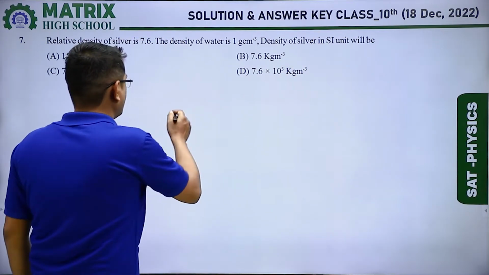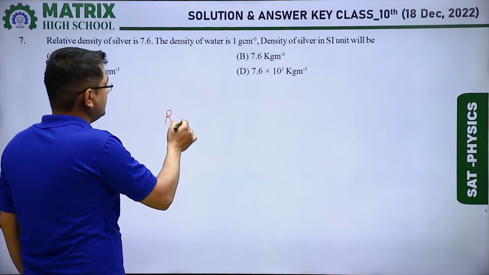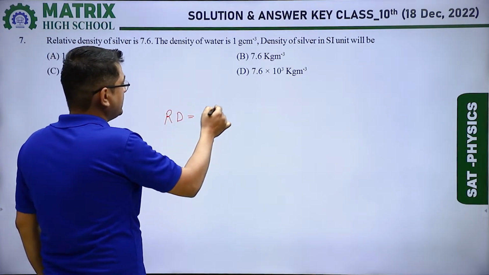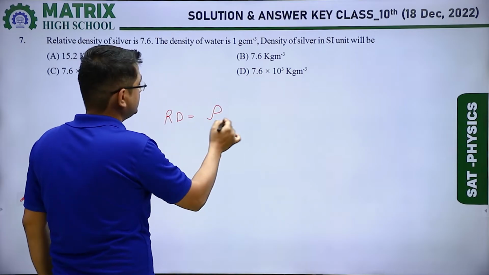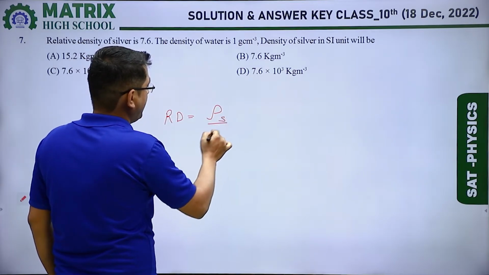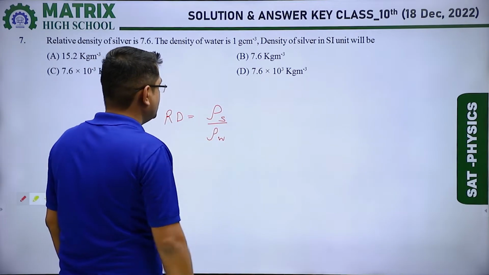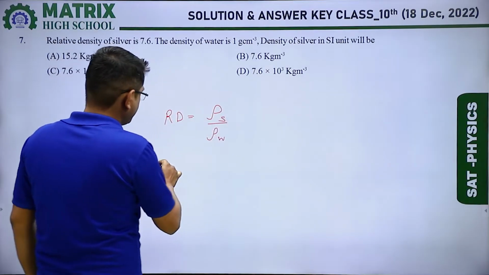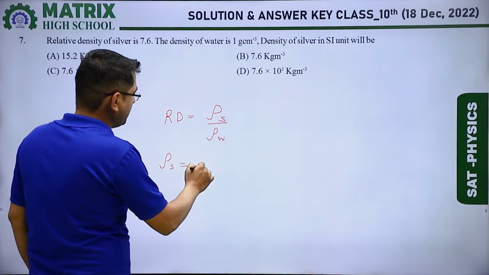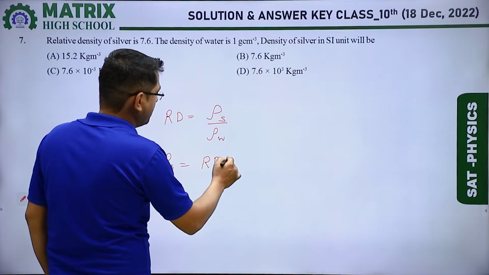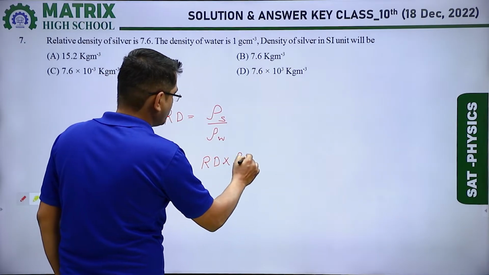So let us write the formula first. For relative density, the formula will be density of silver divided by density of water. So in this case, density of silver will be given by relative density multiplied by density of water.